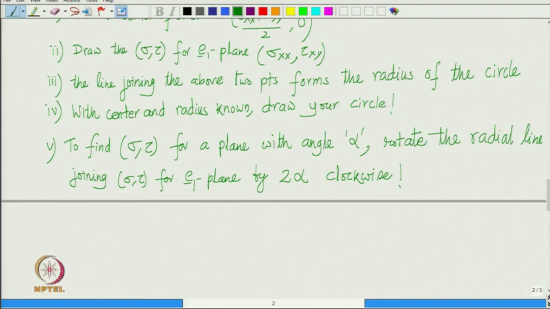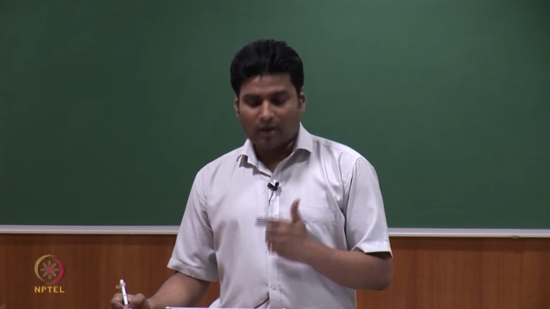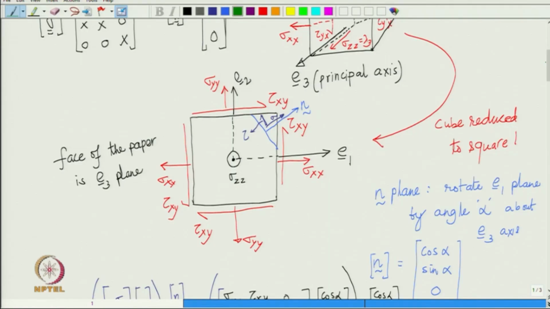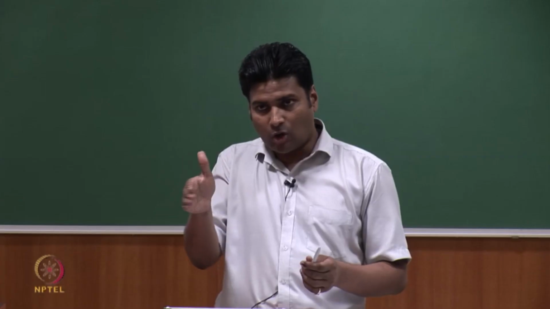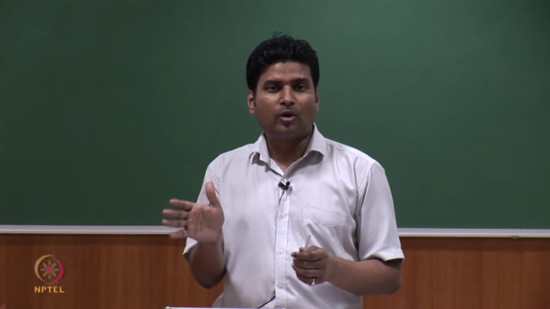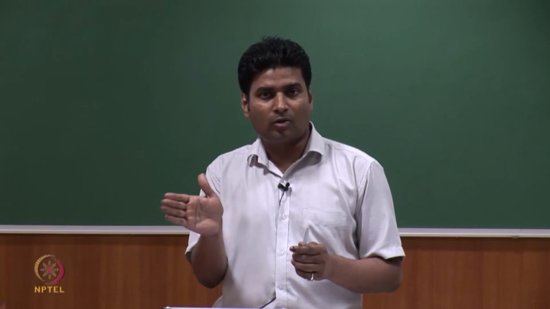See, if the angle alpha is positive, and how is alpha positive? Look at the initial picture. We rotate by alpha about the E3 axis, counterclockwise. So, alpha positive means we rotate counterclockwise.